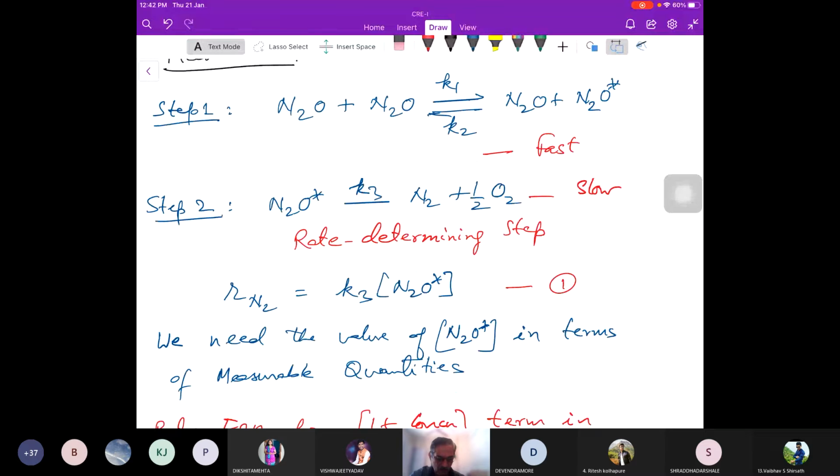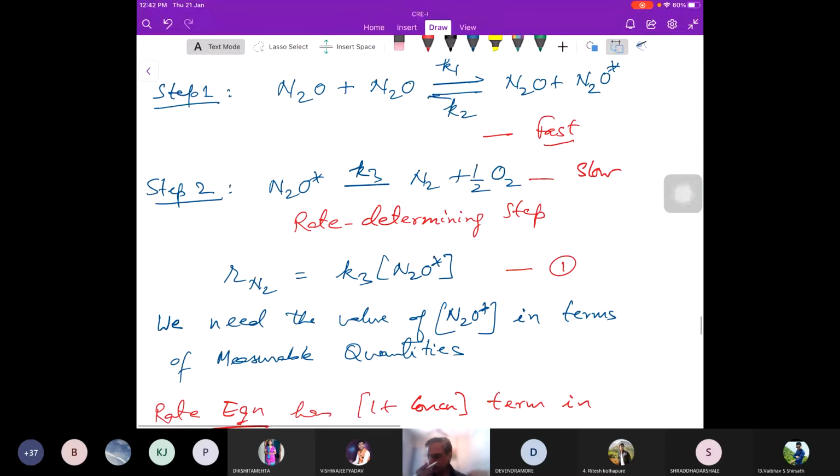Step 2 में N2O star is decomposing to give N2 plus half O2. Right? जो intermediate है, as soon as it is formed, and this is fast reaction, intermediate formed is fast, and second step is decomposition, which is slow reaction. So second step is rate determining.